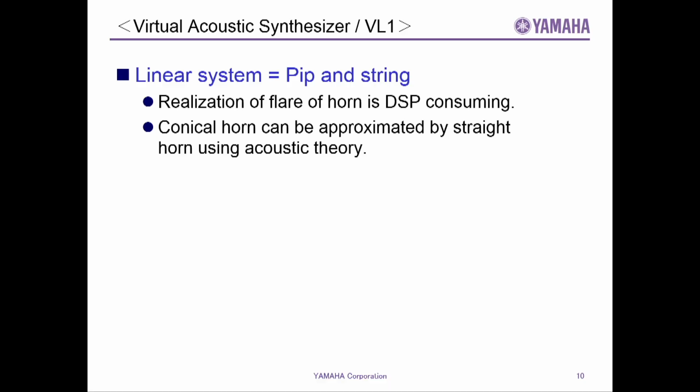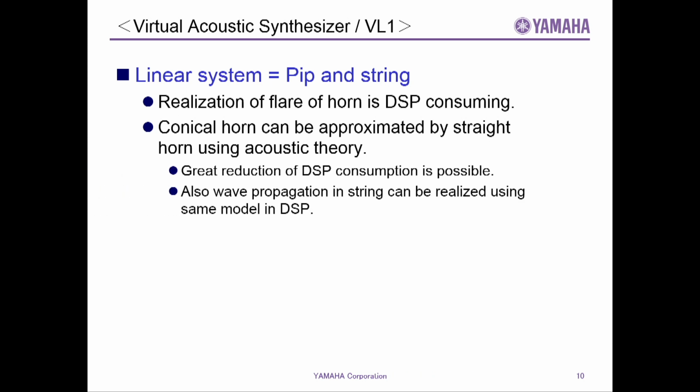The conical horn can be approximated by a straight horn using acoustic theory. This is a theory and a paper I discovered in those days. I will show you the theory more precisely.